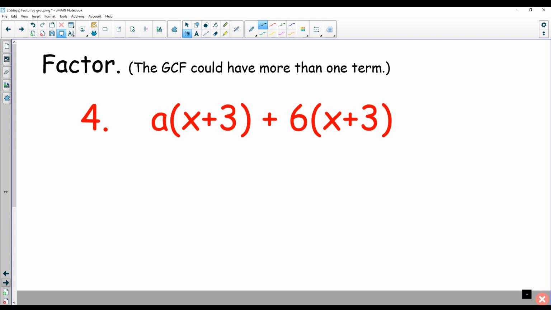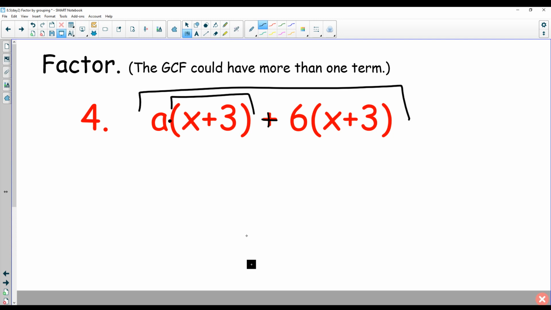Okay? All right, we also had a situation where the greatest common factor could have more than one term. So if you're looking at this entire expression, this adding right here kind of creates two big terms. Not really a term, but in this group, we have two factors, an a times an x plus 3. And this one is a 6 times an x plus 3. So they have a common factor of x plus 3 because they're both being multiplied by an x plus 3.